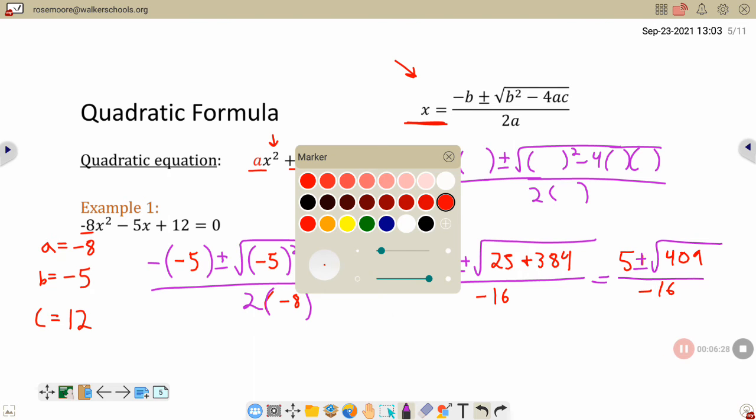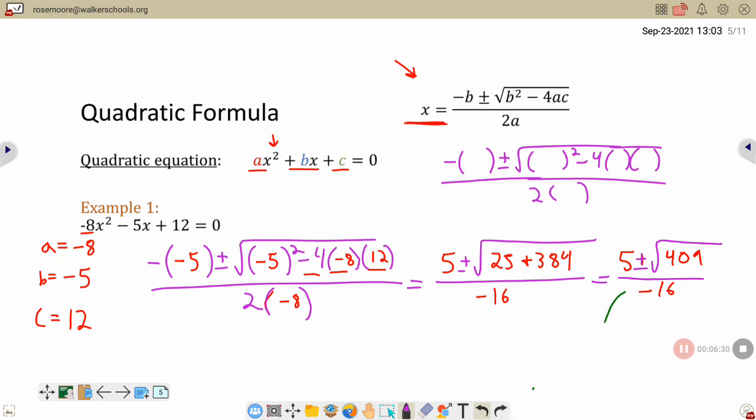One key trick here, though, is if you have a negative in the denominator, all we're going to do is pop it up to be in front of the 5, so now it will be negative 5, like that, plus or minus the square root of 409 over the 16.